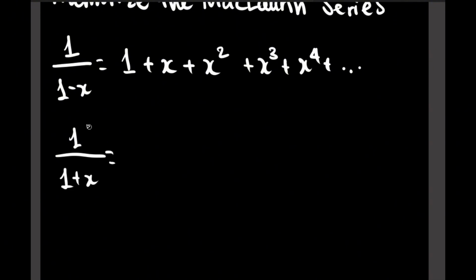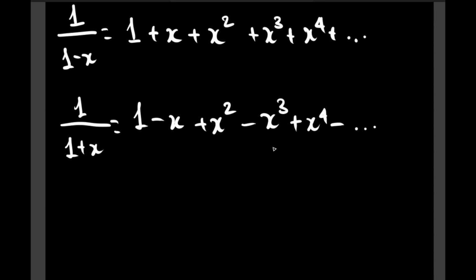Basically we just substitute minus x for our x here, so I'm just going to change the sign. That's going to be 1 minus x plus x to the power of 2 minus x to the power of 3 plus x to the power of 4 and then minus and so on.